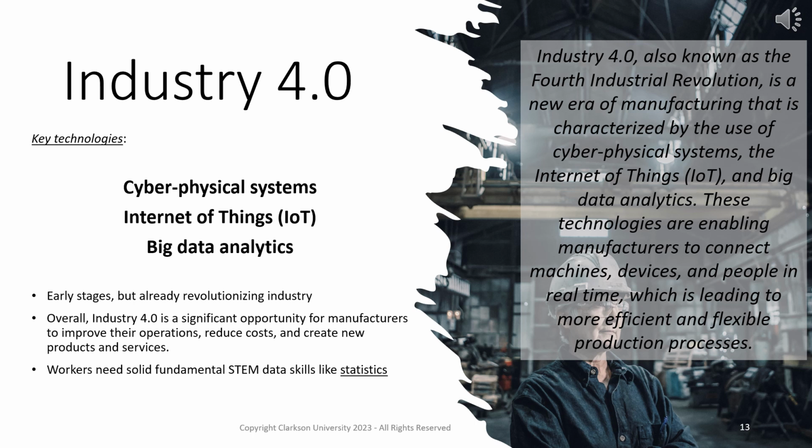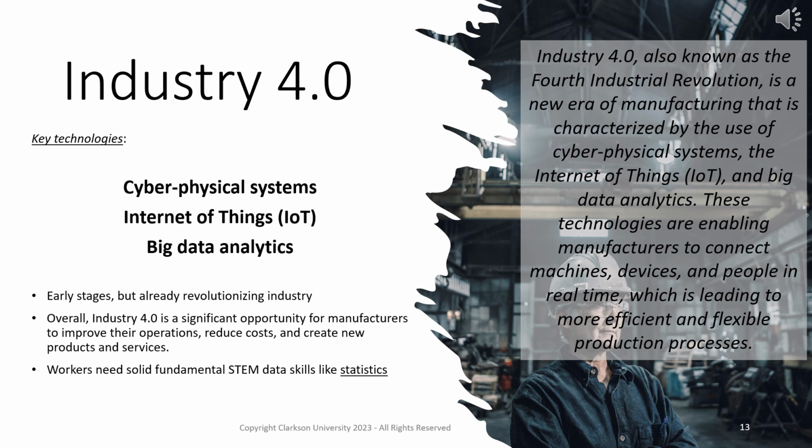These IoT devices can collect and share data about their environment, which can be used to improve efficiency, productivity, and decision making. And big data analytics generally refers to the use of large data sets to identify trends, patterns, and relationships. This data can be used to improve product design, manufacturing process, and customer service. Sometimes we call this data science or data mining.